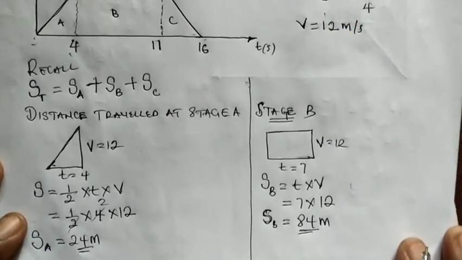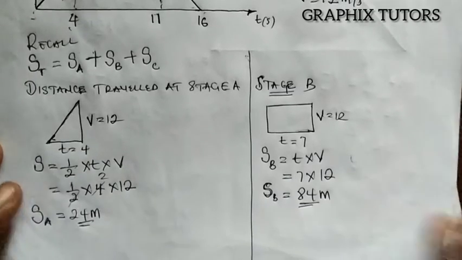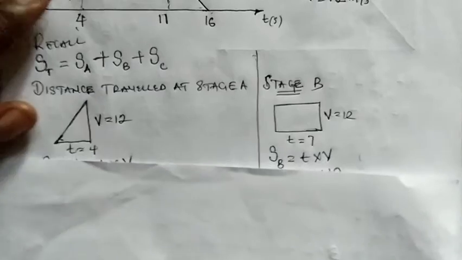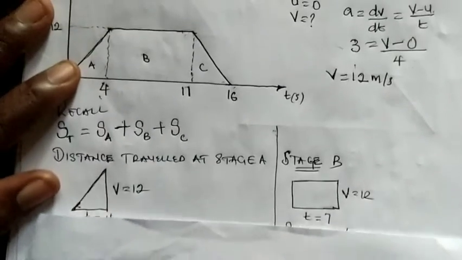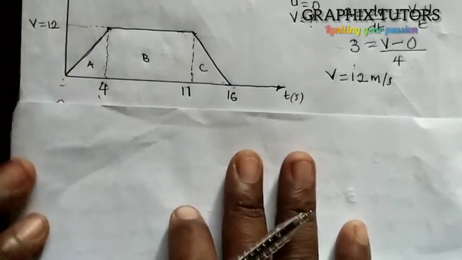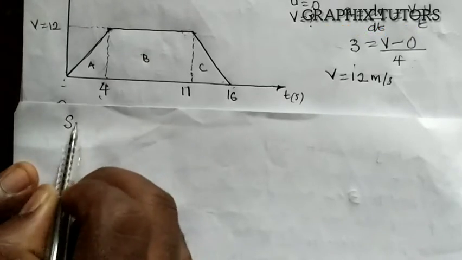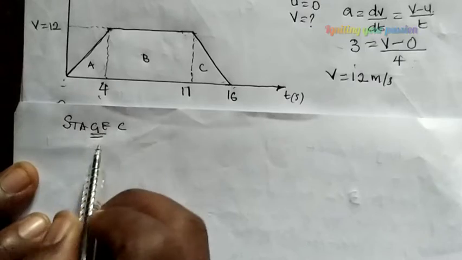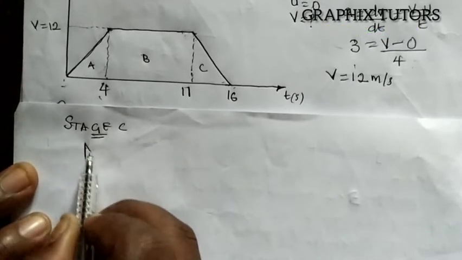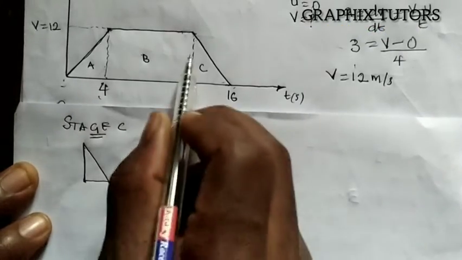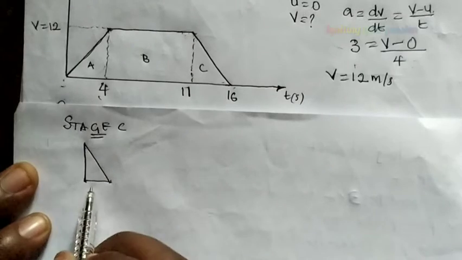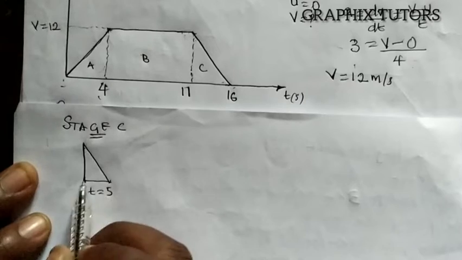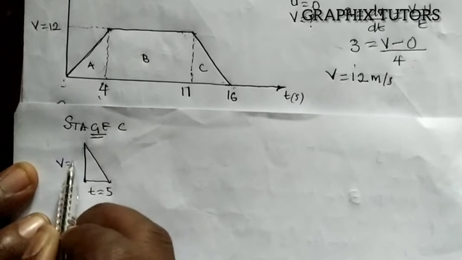Now the last but not the least, we say the distance at stage C. At stage C, we have a similar thing. It's decelerating at stage C. The time axis here, 16 minus 11, that is 5. And the height is still V, which is 12.